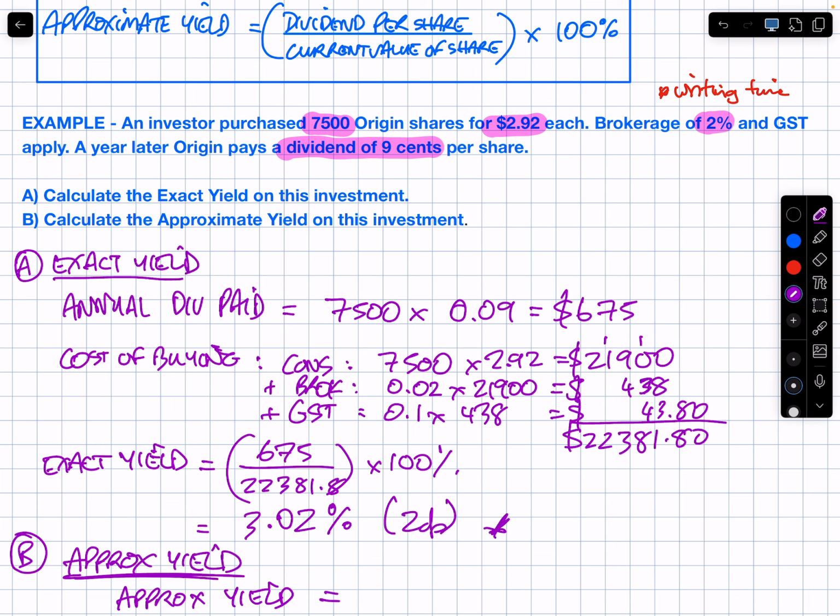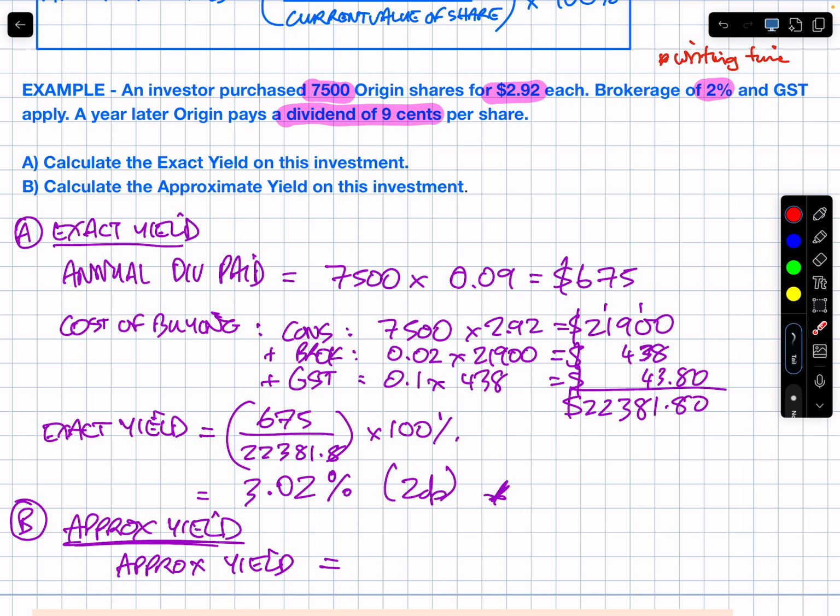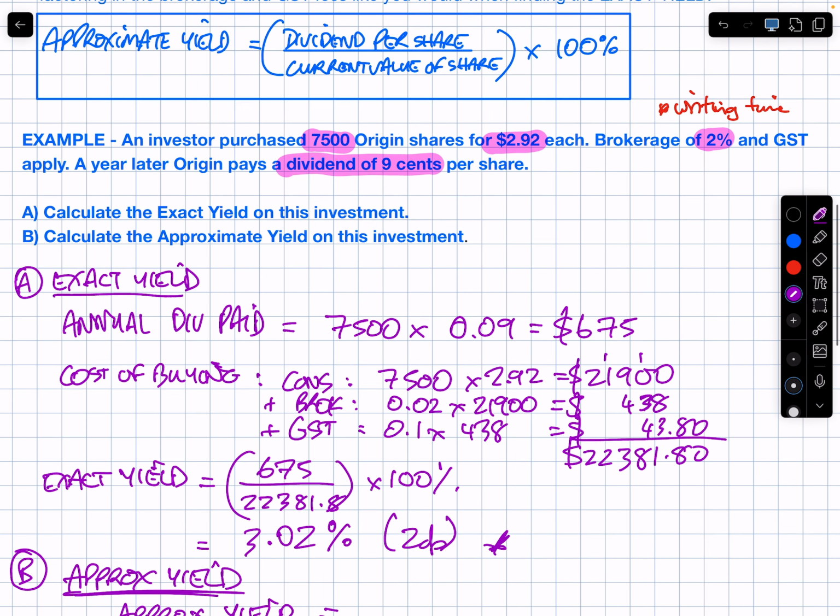Alright, so finishing it off, we just did the exact yield. Why is it exact? Because we're working out how much did it cost to buy them. We worked out how much you actually got paid in dividends. Approximate yield, we ignore half of that information. You just go, what does it say? Dividend per share.